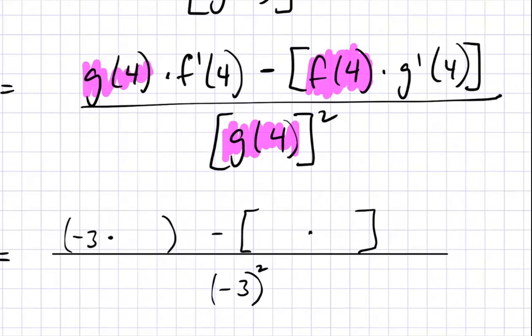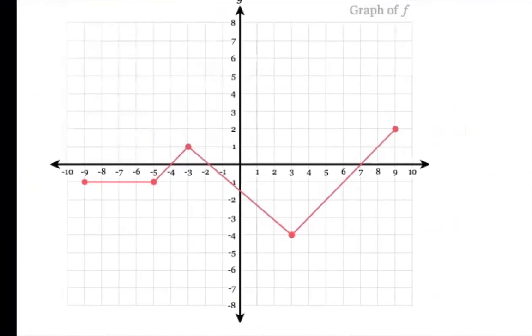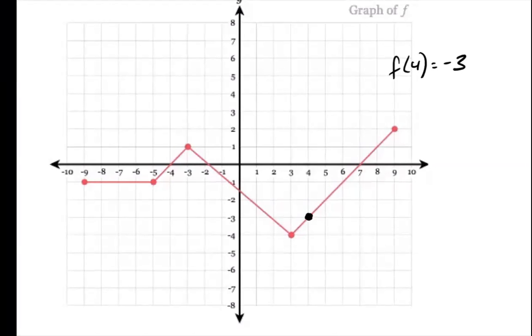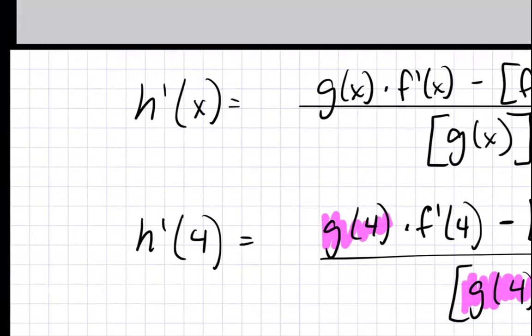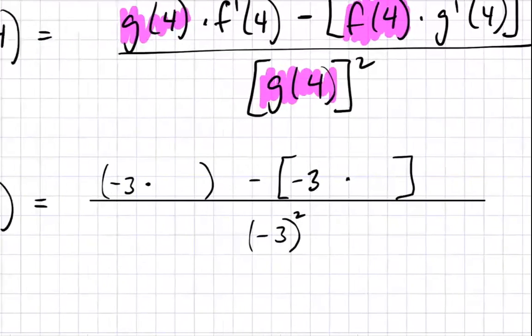F of 4 is just like g of 4, except we go to f. So f of 4, right there. Still -3. That one's -3 as well. So anywhere I see an f of 4, I'm going to plug in a -3. I only see it there.